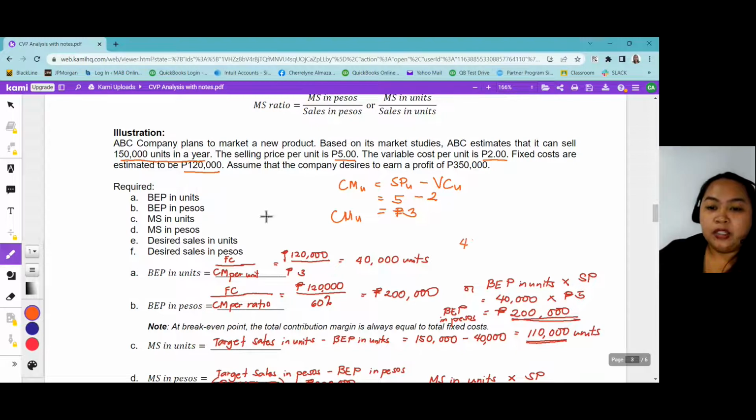Yung pang 40,000 and 1 unit, doon ka mag-i-start na mag-earn ng profit. Okay? At 40,000, zero pa yung profit mo. Pag nakabenta ka ng additional 1 unit, mag-i-start ka na magkaroon ng profit. That is why yung pag-compute ng break-even point is very important sa business. Okay? Lalo na kapag nag-i-start up ka pa.